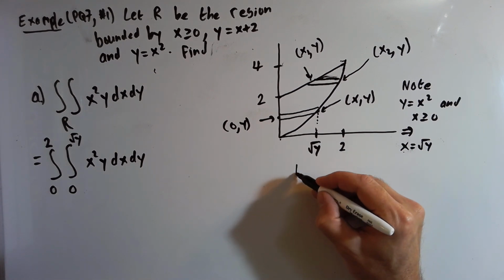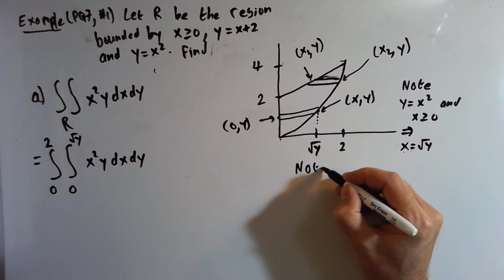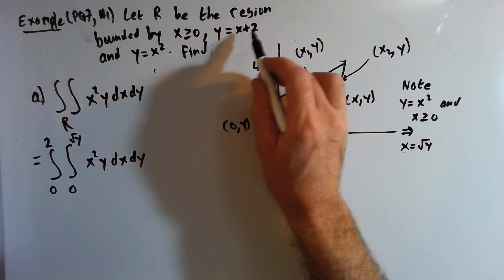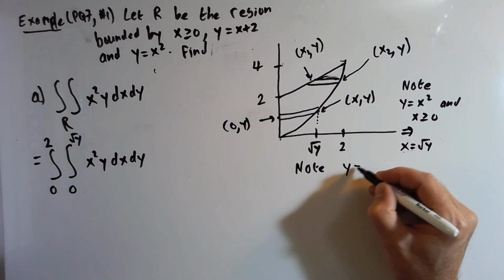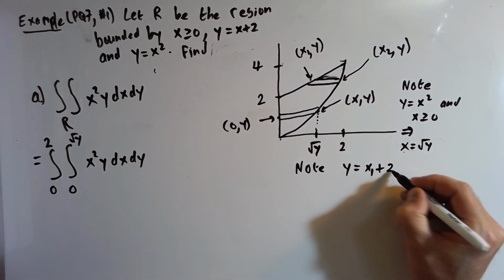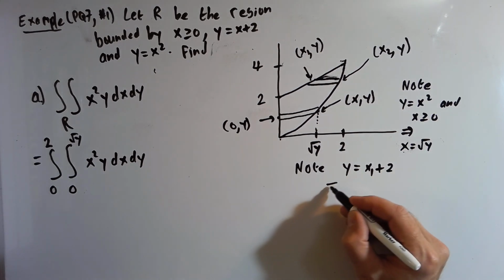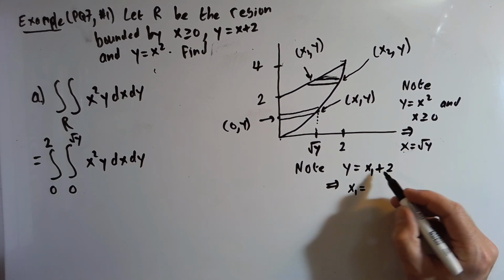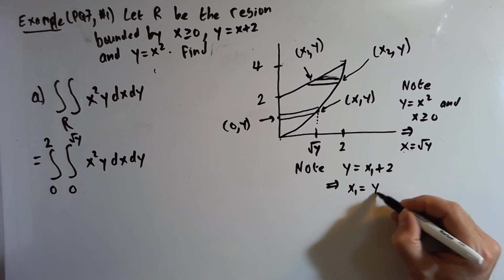And then note, this guy's on the line, so it would have then y equals x1 plus 2. So now we can solve for x1, so x1 would be then, subtracting 2 on both sides, y minus 2.